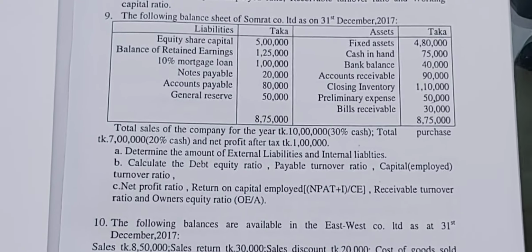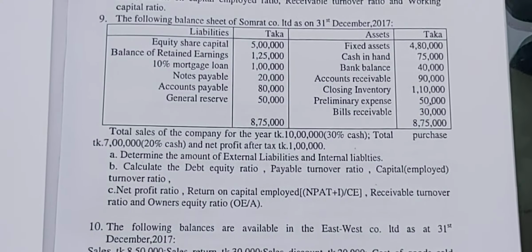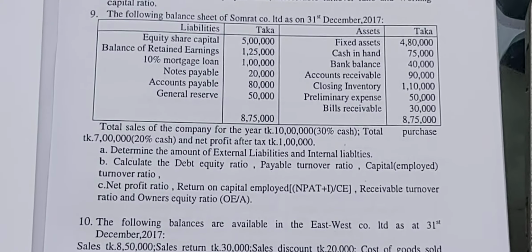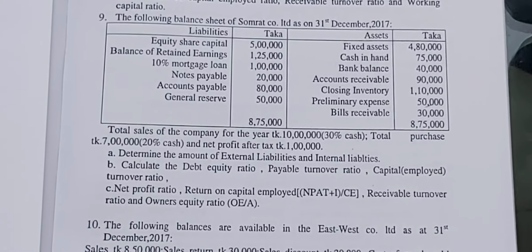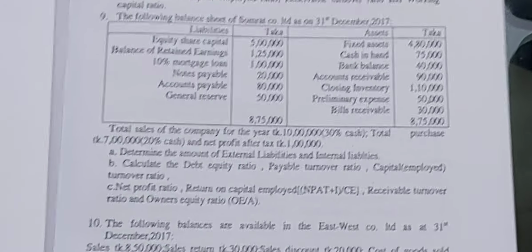This is page number 415 from this chapter. Today I will solve creative question number 9. I have already read out the balance sheet, and other information is available.